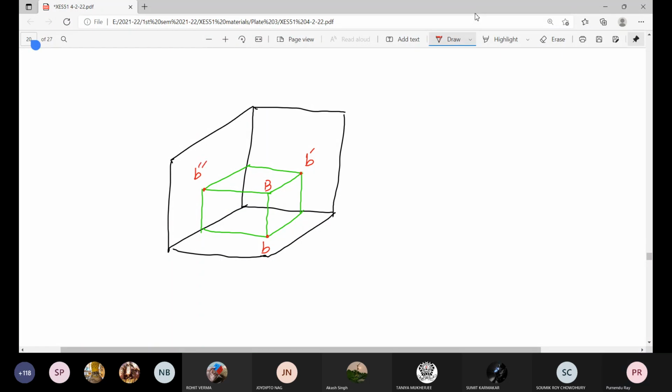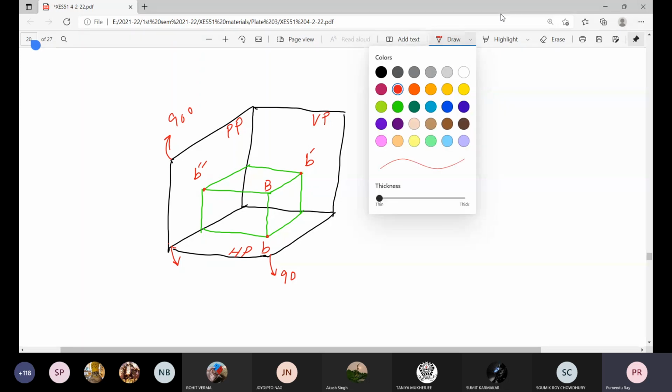And you need to rotate this horizontal plane through 90 degrees, and rotate this PP through 90 degrees so that it overlaps with this vertical plane.